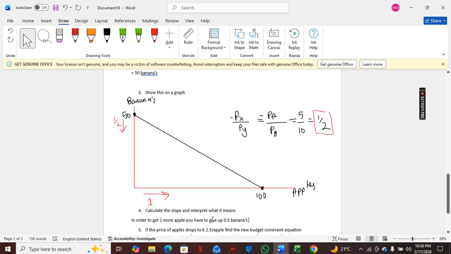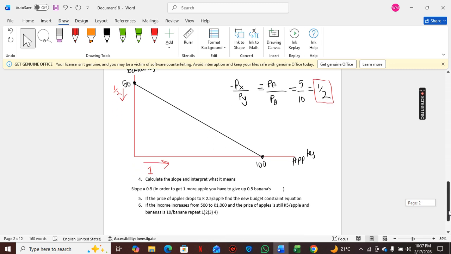Okay. We're going to say the slope equals 0.5. Yes. So in order to get one more apple, you need to give up 0.5 bananas. And this is constant, that's why the line is straight like this. Okay. Yes. Any questions?